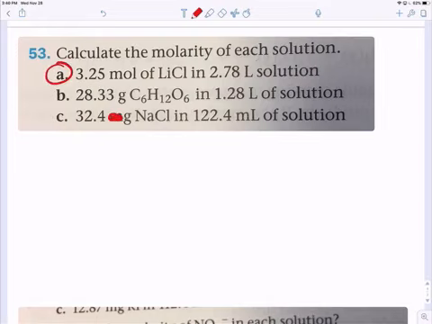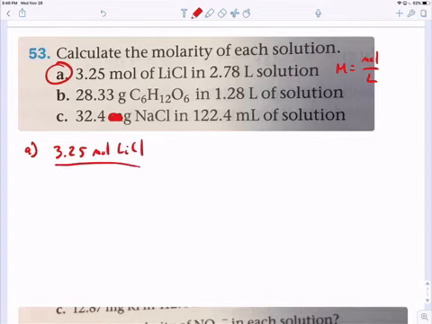So, molarity, A is easy. Molarity means moles per liter. So, 3.25 mole LiCl divided by 2.78 liters, just straight across.